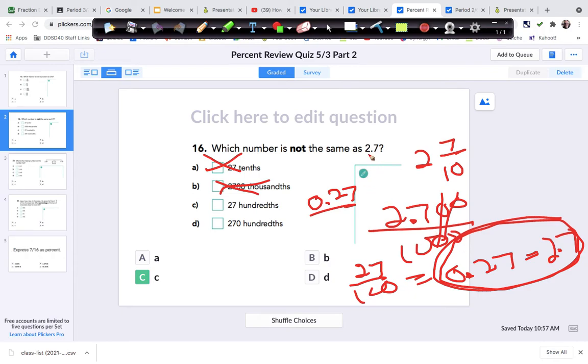And it's going to be through saying the place value out loud. Don't say 2.7, say 2 and 7 tenths, so that we know the size of that 7. It's super important to know that it is a 7 out of 10. So 27 hundredths was the answer on that one.